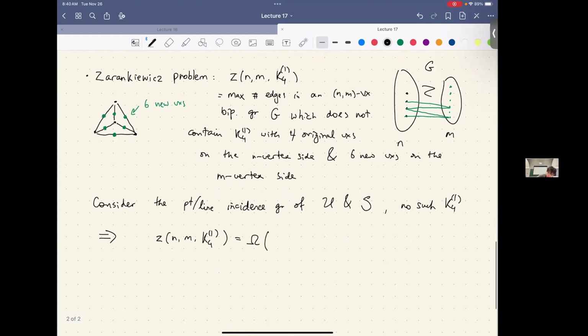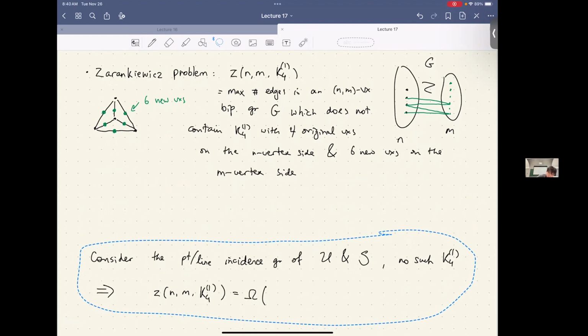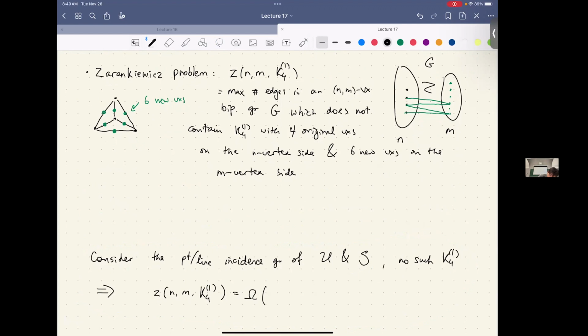Before mentioning this lower bound, one can actually prove that for this function, it's known the Zarankiewicz number for one subdivision of K4 is big O of m to the 3/5 n to the 4/5, for any m bigger than n at least 2.